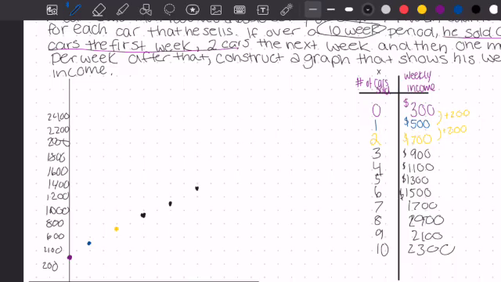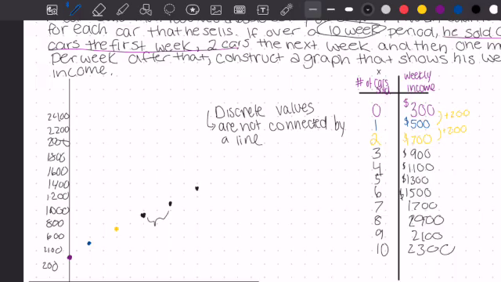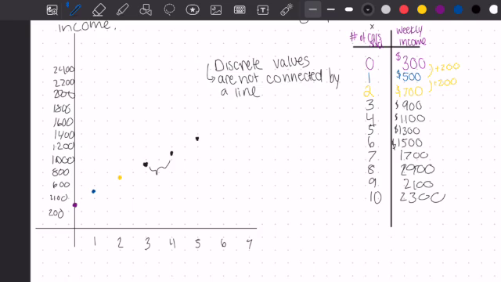Now, these are technically discrete values, which means that they are not connected by a line, because the amounts of money in between do not actually exist in our situation, and we're given what we are given.